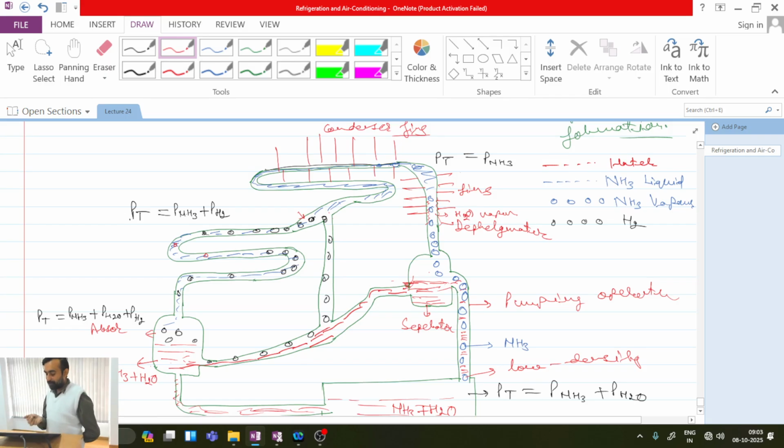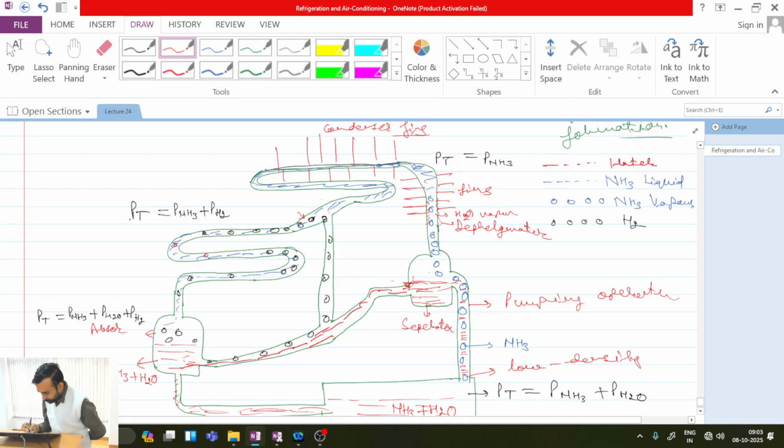When something evaporates, it always creates a cooling effect. So this portion of the evaporator tube will be cooling, which means it is creating refrigeration.